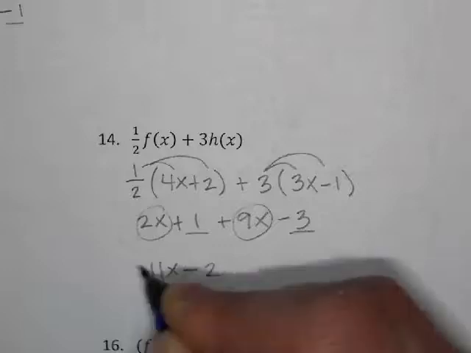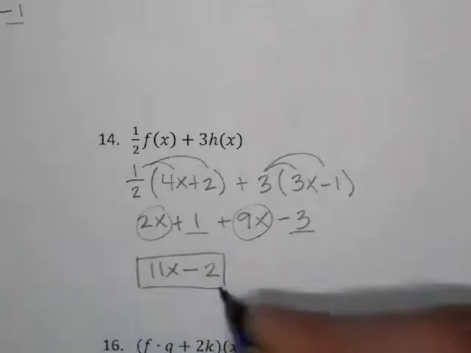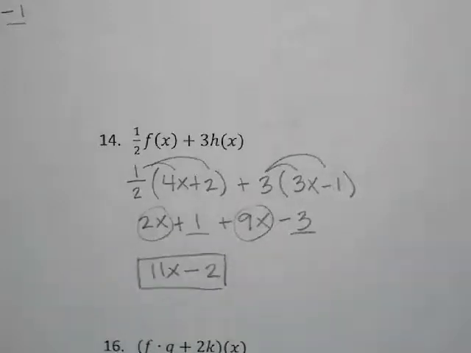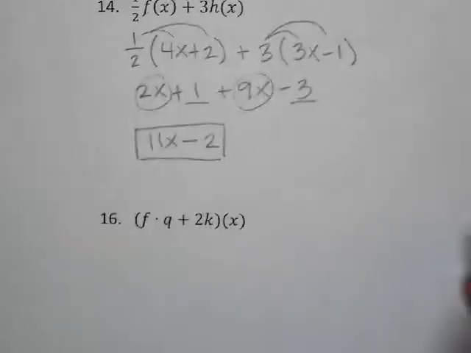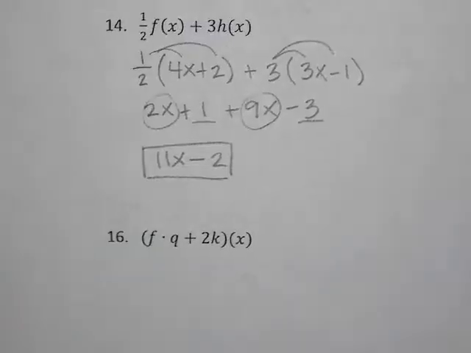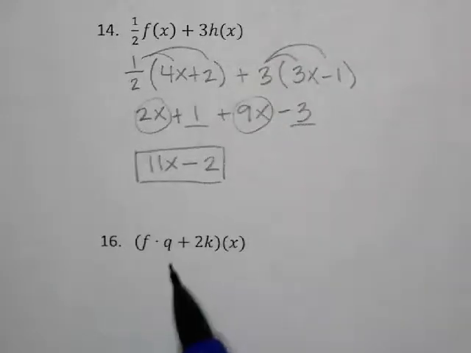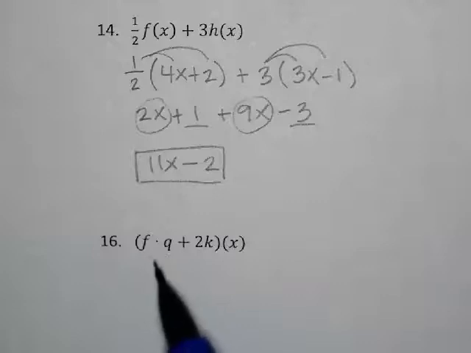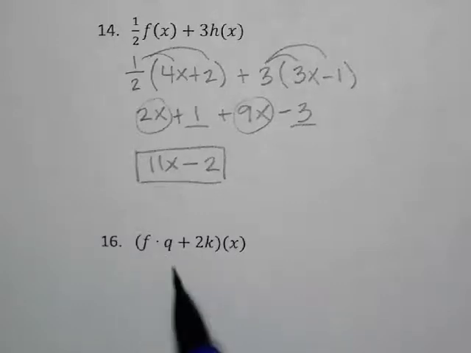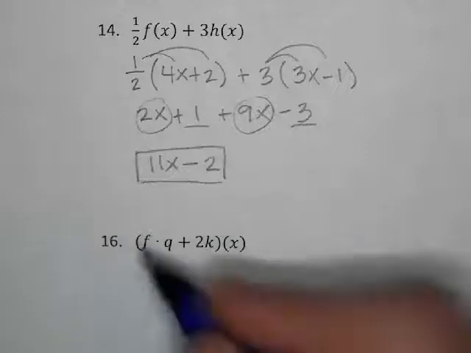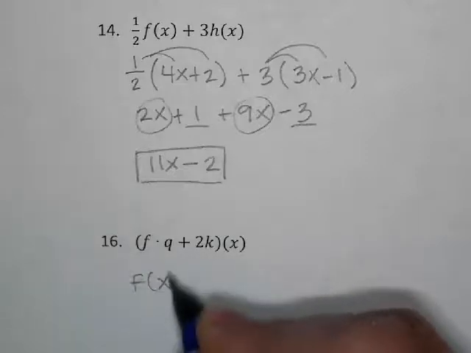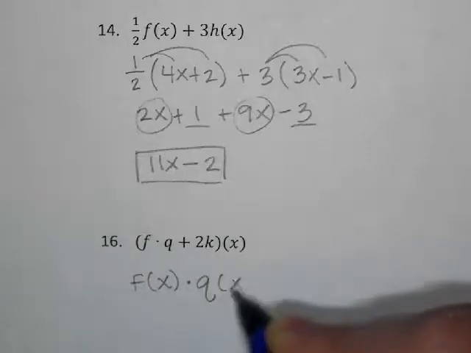Okay, let's look at the notation for number 16. Let's not do the problem, but let's see what the problem is actually asking for. Okay? So let's take it out of the shorthand. So what does this really mean? F of x times q of x plus 2, plus 2 times whatever k of x is. Okay, so f of x is 4x plus 2.